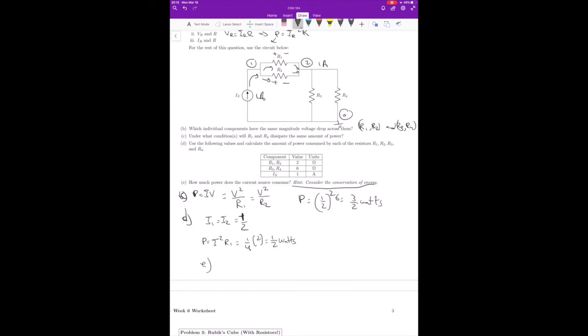So all this energy that's being provided to these resistors is going to be created by this current source. So we can say that the power generated by this current source in magnitude is going to be 3/2 plus 1/2 times 2 for each of the resistors.